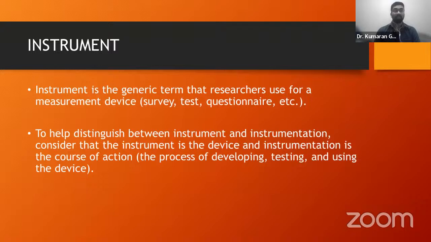The instrument is the measurement device that we use for our research, which leads us to the data, and data with numerical form defines quantitative research. As I told you, instruments are things like surveys, tests, questionnaires, and many others.